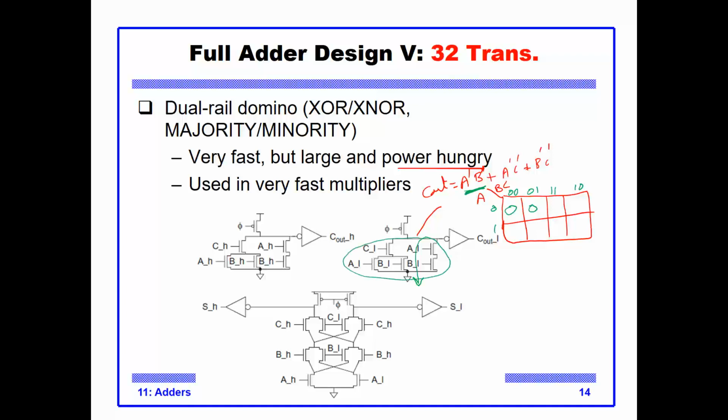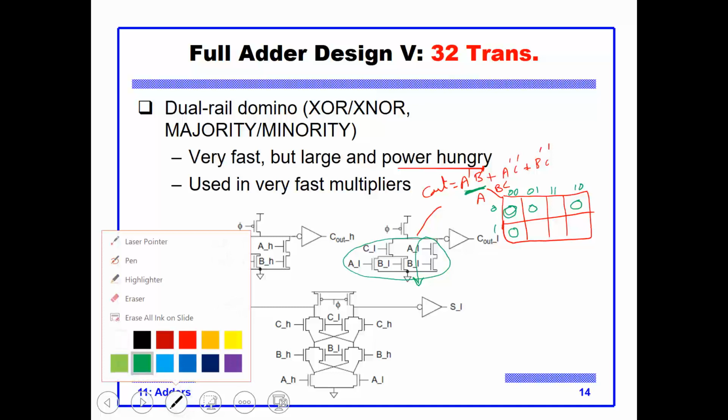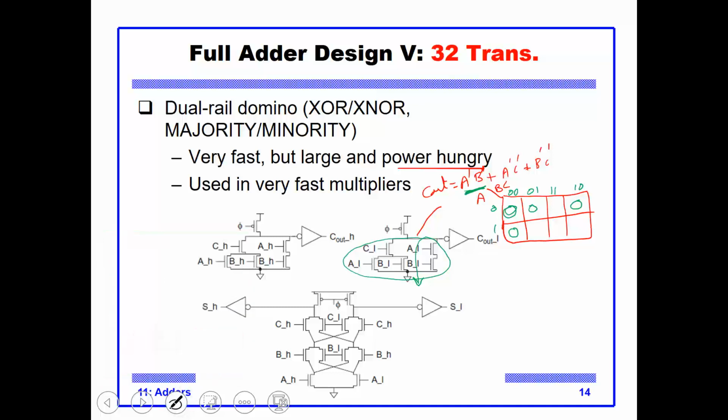Now A prime C prime, there is a zero here and a zero here, and C prime B prime, so zero. So we conditionally discharge here with these values. The rest of the values are one, one, one, one, and these are the C out value. So that's your C out here.